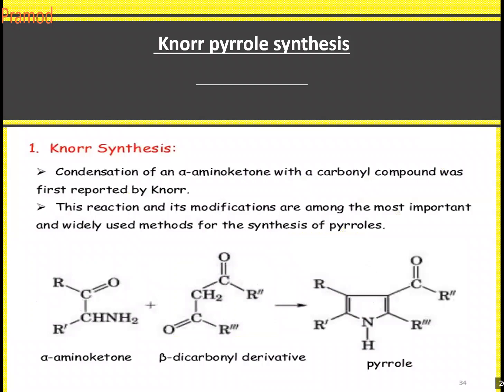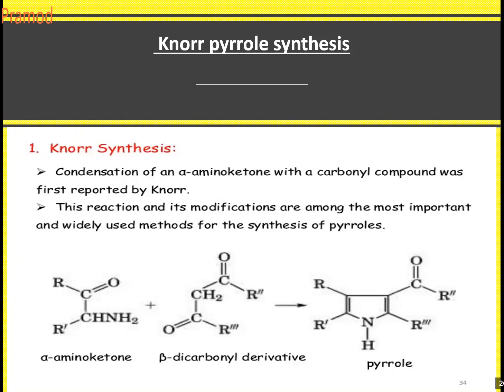Now let's go for the first synthesis of pyrrole. It is known as the Knorr pyrrole synthesis. What are the reactants? You take an alpha amino ketone, which has an amino group at the alpha position, adjacent to your carbonyl carbon, and you treat it with a beta dicarbonyl derivative in the presence of a base.